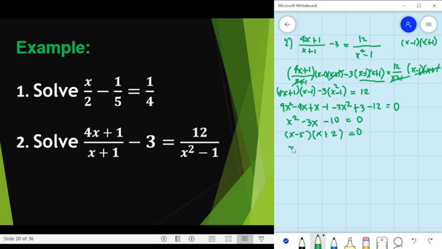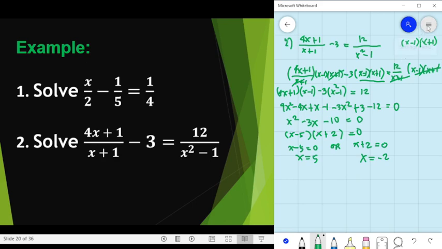So solving, x minus 5 is equal to 0 or x plus 2 is equal to 0. So from here, we can say that x is equal to 5, and in this case, x is equal to negative 2. That's why we have two values: x is equal to 5 and x is equal to negative 2.